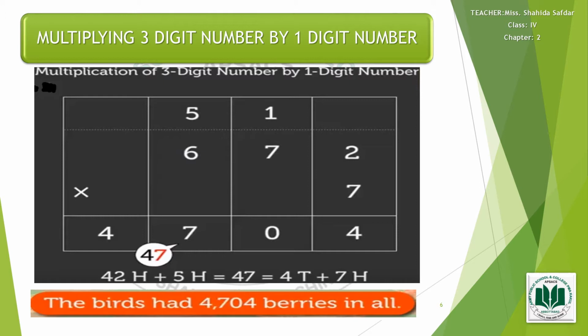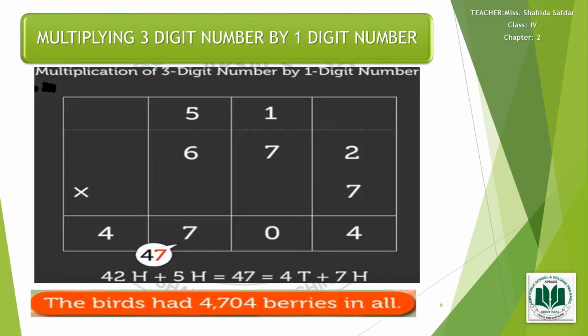Now step 1. Multiply the ones, that is 2, with the 7. The answer is 14. Regroup the 14 ones as 4 ones and 1 tens. Now in step 2, we will multiply 7 tens with 7.